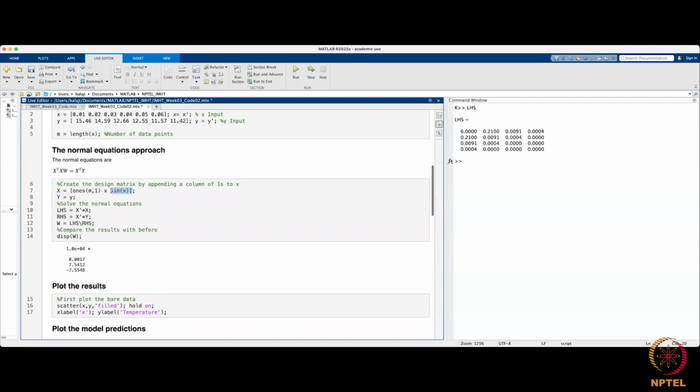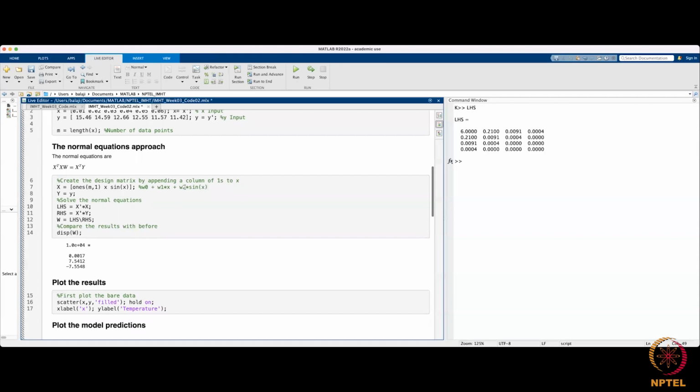This simply says what that coefficient multiplies with. So basically, you are going to get W0 plus W1 times x plus W2 times sine x is the model. Nothing stops us. The terms that we cannot have are terms like sine of W2 or W1 W2. Those terms we can't have. This is basically linear in W, can be nonlinear in X. So please remember what linearity means.